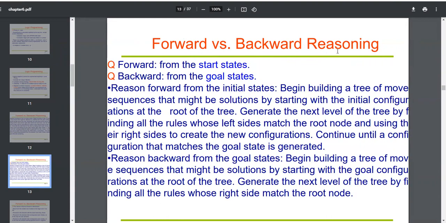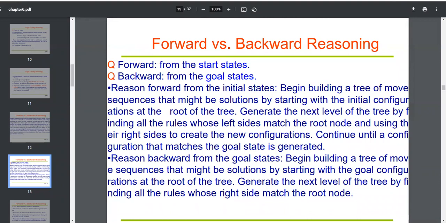Forward reasoning goes from the start state, meaning from the root, to the leaf nodes, while backward reasoning goes from the goal state to the start state, meaning you start from the leaf nodes and try reaching the root. That is how forward reasoning and backward reasoning work.